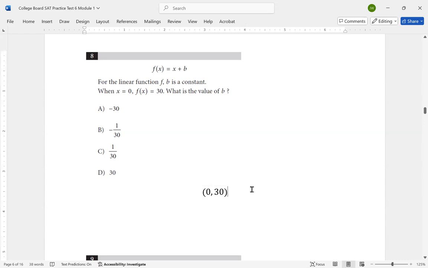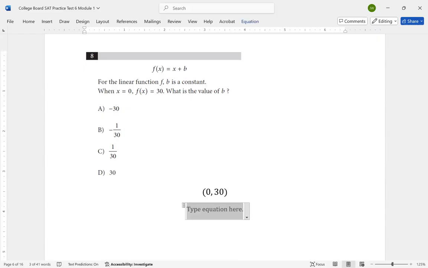Now, if you didn't know that, then you can set this up in a different way and you just use algebra. So what you could do is you could say when x is 0, f of x is equal to 30. So 30 is the output when the input is 0.